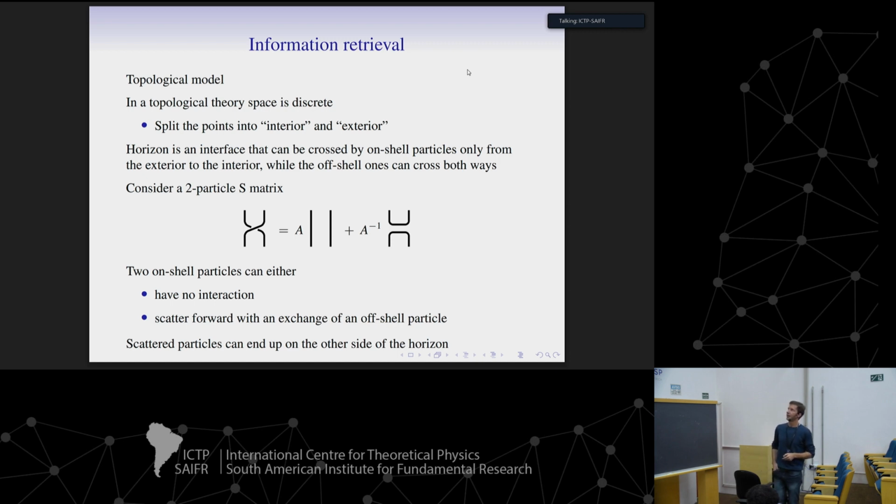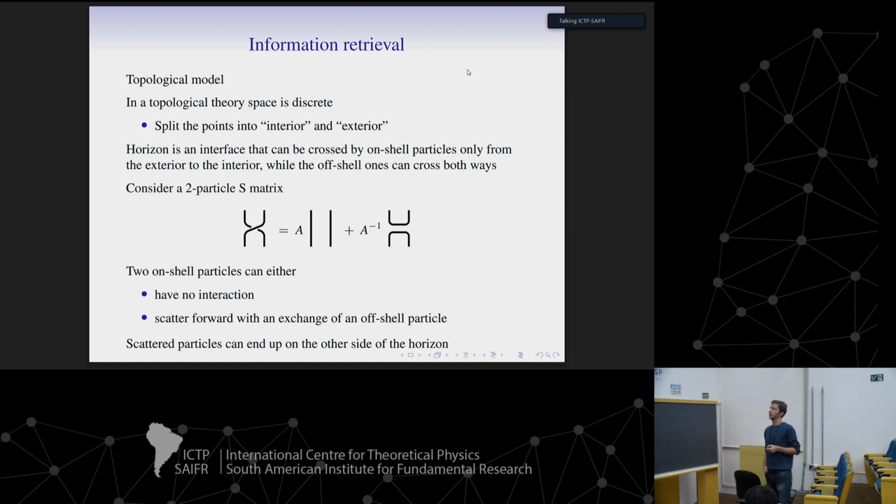And let's assume that there should be some interface between the two sets of particles, and this interface should be penetrable one way for physical particles, while unphysical virtual particles can cross it in either way.